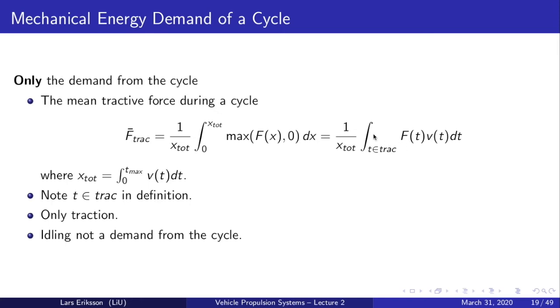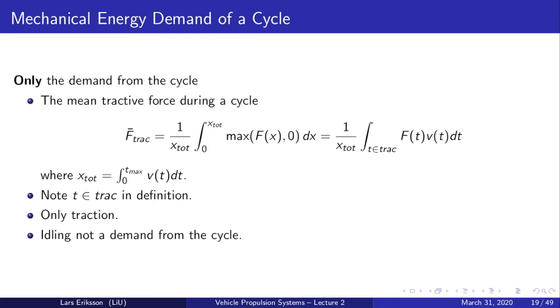And we can do this change of variables so that we can go from distance over to velocity and integrate over time instead. So here we have the power integrated over time, while here we have force integrated over distance. And both of them end up in an energy requirement. And we're only interested in the traction part.